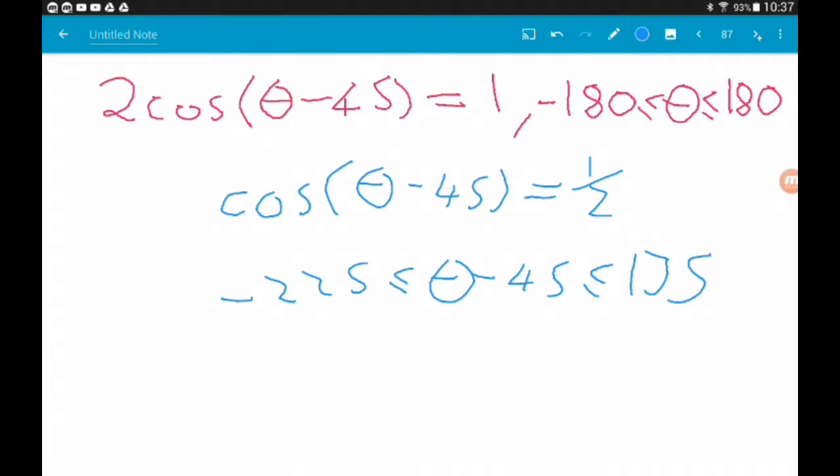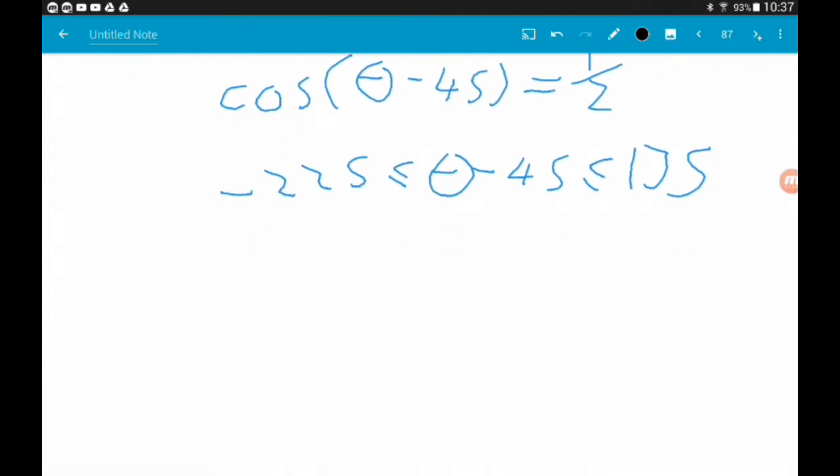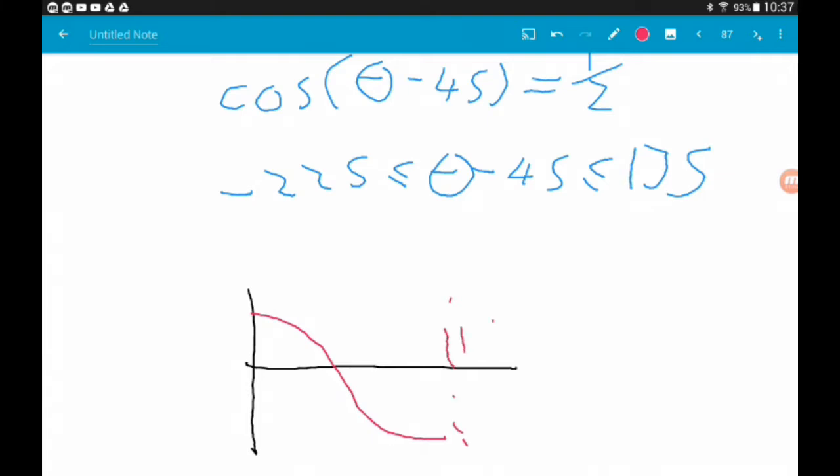135. So, if we now sketch cos of theta, let's just do it between 0 and 180. We can do that because cos of theta is symmetrical through the y-axis. So it's going to look something like that. That's 180 and that is 90. Now, what we're solving here is, where is that equal to 1/2?